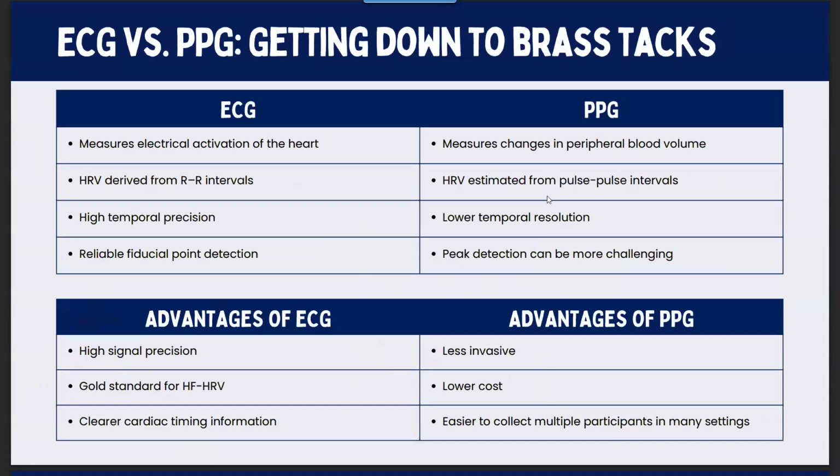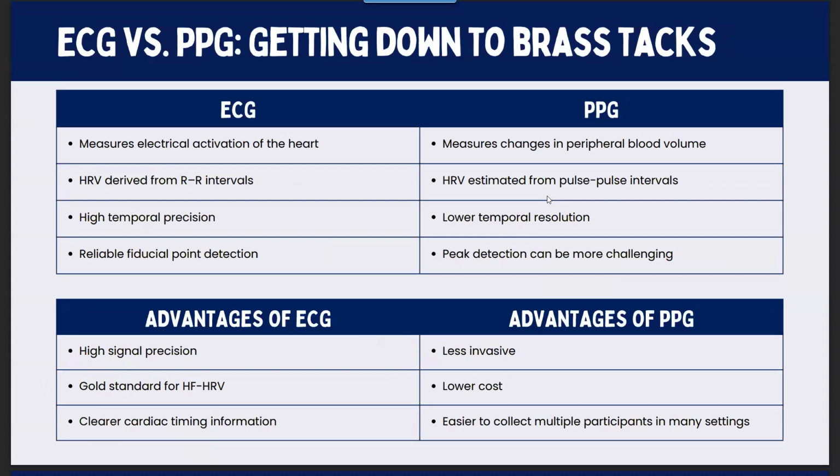So let's compare the two, getting down into the physiology and then also some of the advantages and disadvantages. With ECG, we are looking at the electrical activation of the heart, and with this, we are deriving heart rate variability from the R to R intervals.